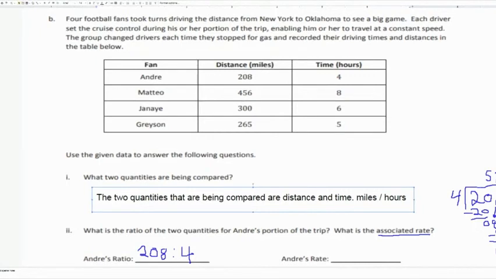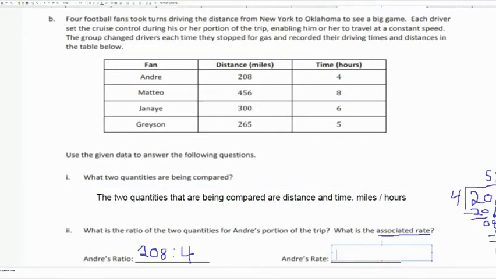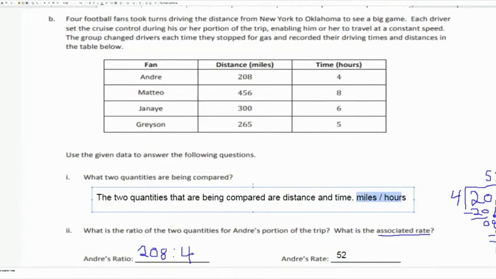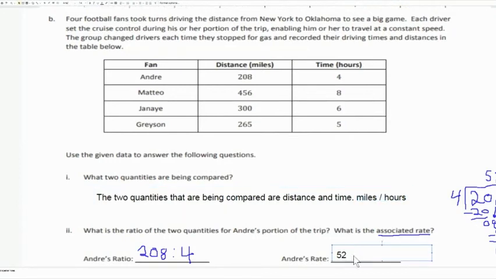I'm going to get out a text tool so I can write this out cleanly for you, since we're moving on from ratios to rate. So he traveled 52, and now we're talking about the first quantity, or the first unit. This is why we use the rate unit up here. The first rate unit is miles over hours. So this is 52 miles, and we're going to say per hour.